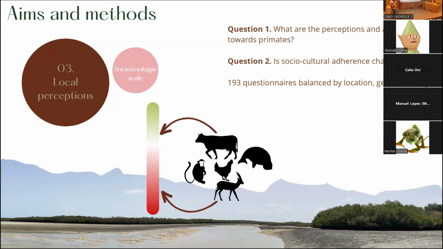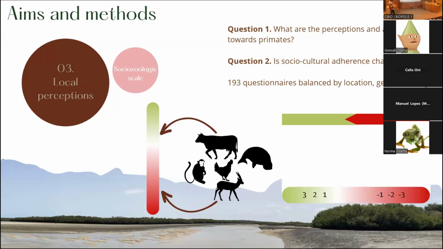For those that are not familiar with the term, a sociological scale is basically just grading the animals that are present in a certain place according to whether they are beneficial or not to the local people that share their landscapes with them.